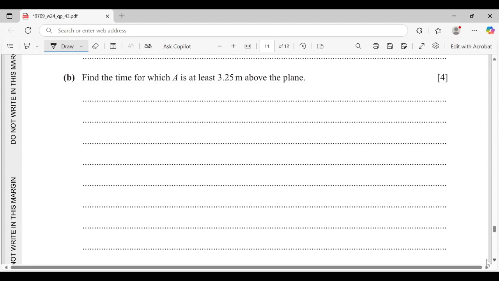Find the time for which A is at least 3.25 meters above the plane. Right. I would like to sketch this condition because there is an extra explanation about it.